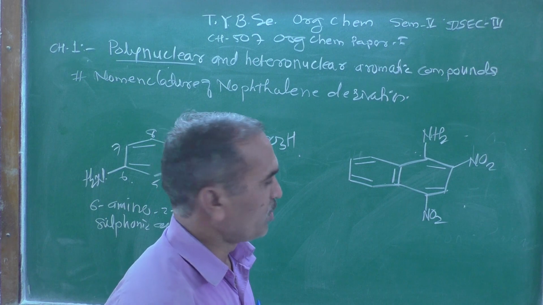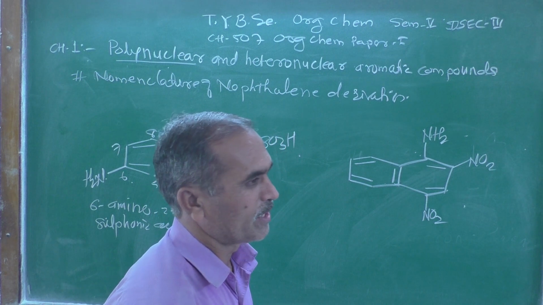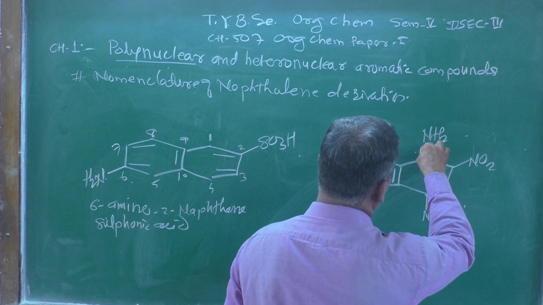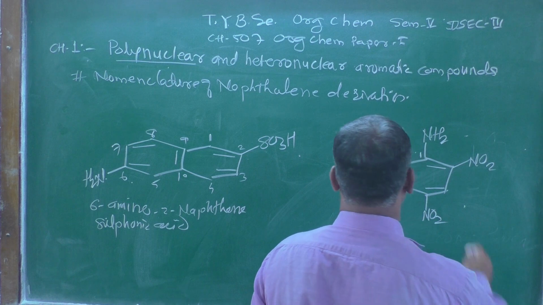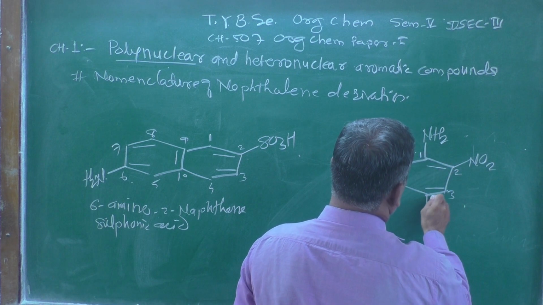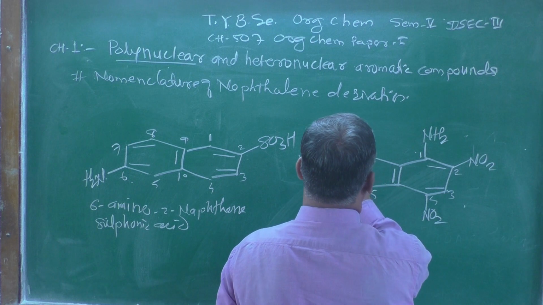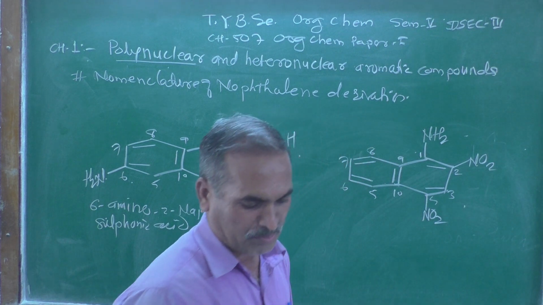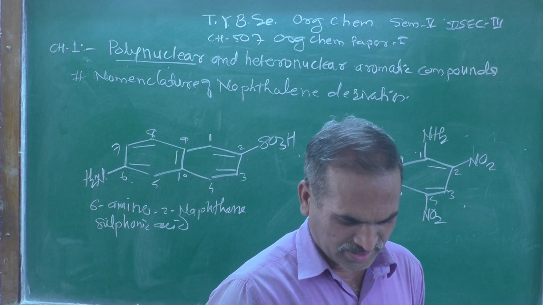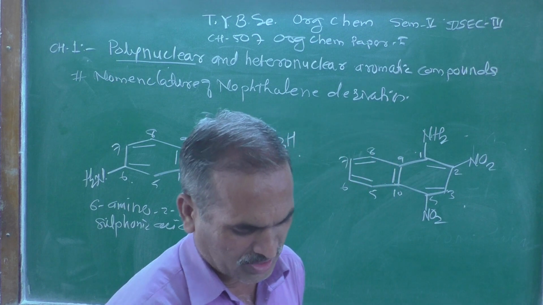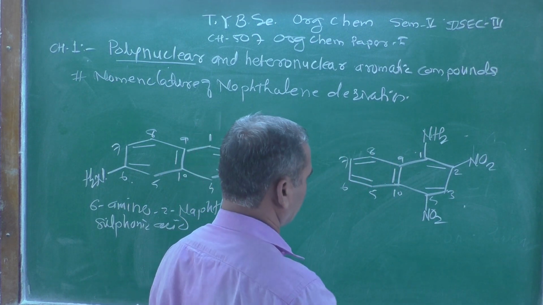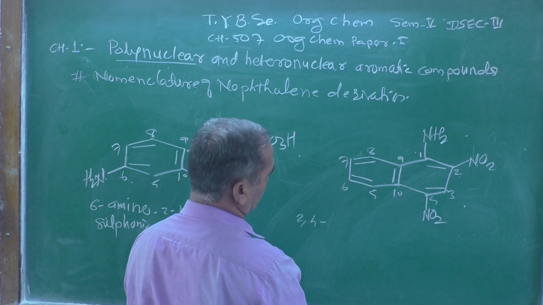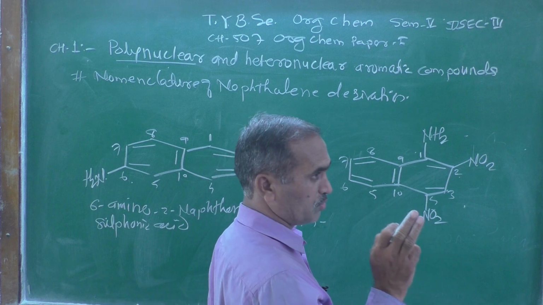That is the only possible numbering system available in this particular example. 1, 2, 3, 4, 5, 6, 7, 8, 9 and 10. Now look at what is present at 1 position and what is present at 2 and 4 position. Here at 2 and 4 position nitro groups are there, total 2.